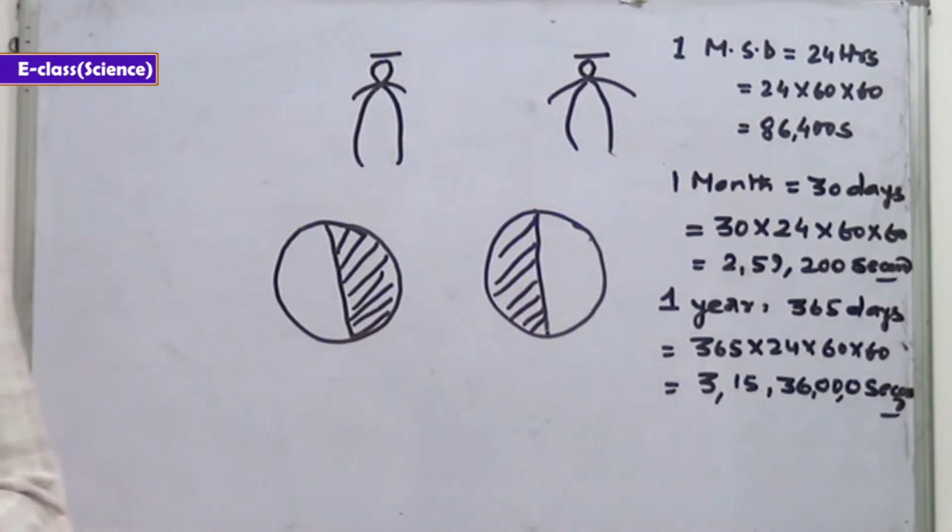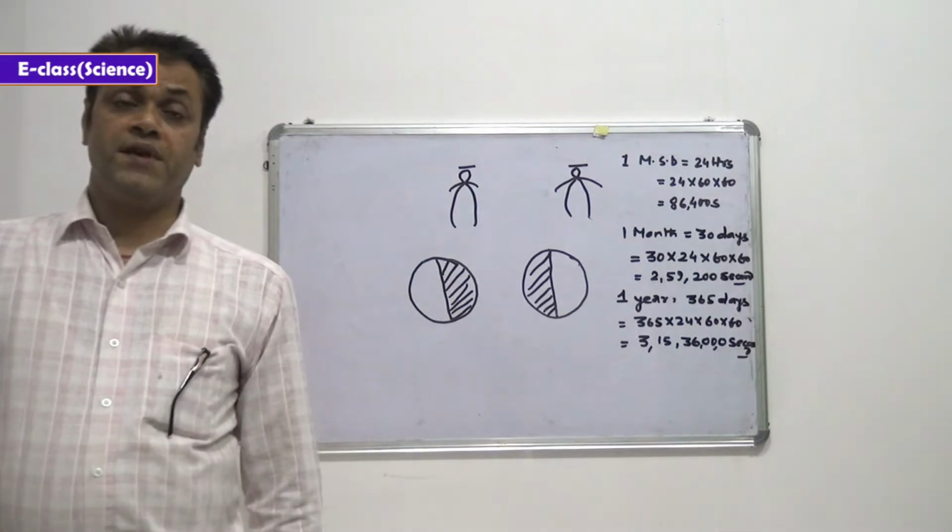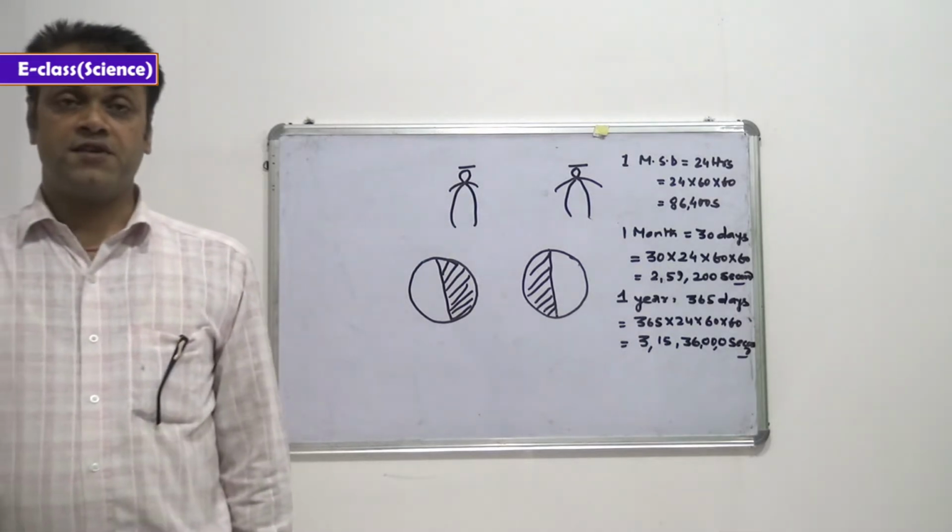So now you have understood one month, 1 year, one mean solar day, and what zenith is.